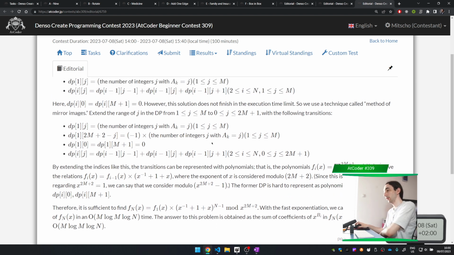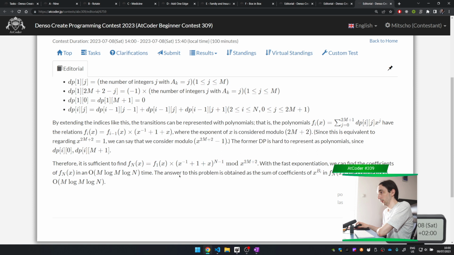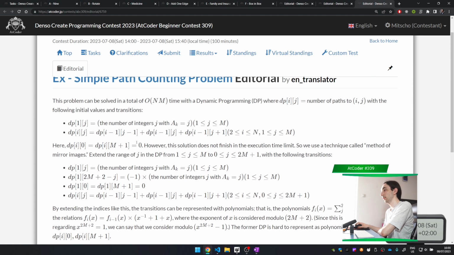Again, as we said, fast Fourier transform on this polynomial. So I don't know what f1 is, but okay, it doesn't quite matter.